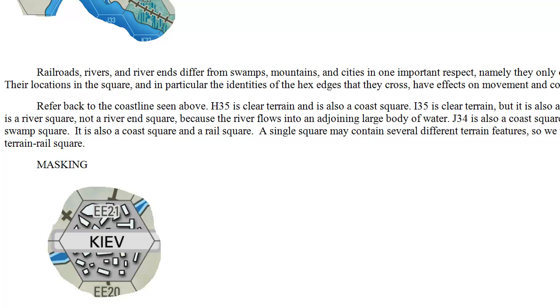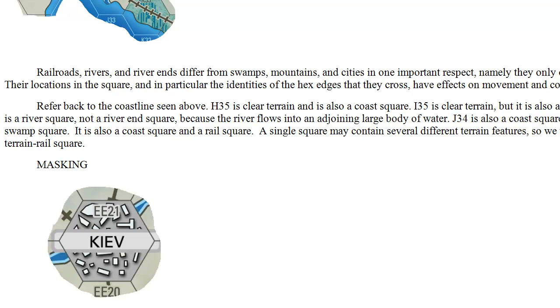It is a more complicated artistic decision, though, because square EE21 is indeed a river square. A river does flow through it, and therefore units defending on one side of the river or the other get a combat benefit against any units attacking out of Kiev.